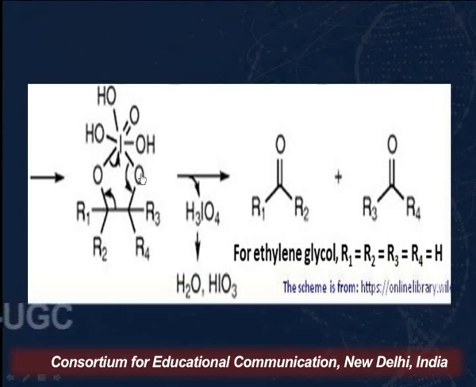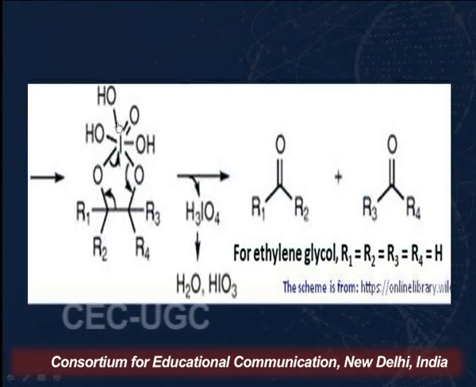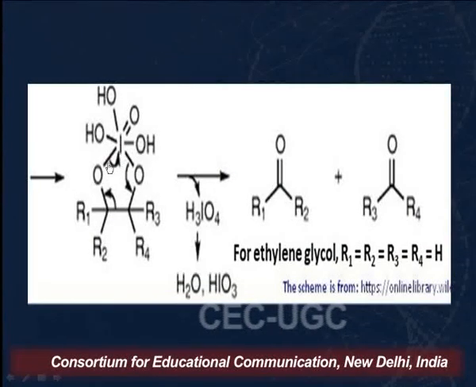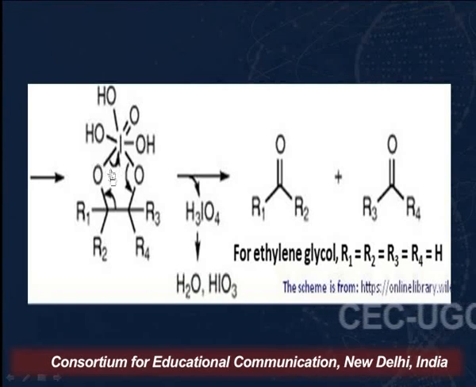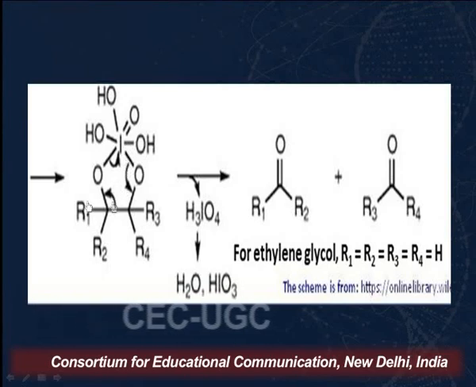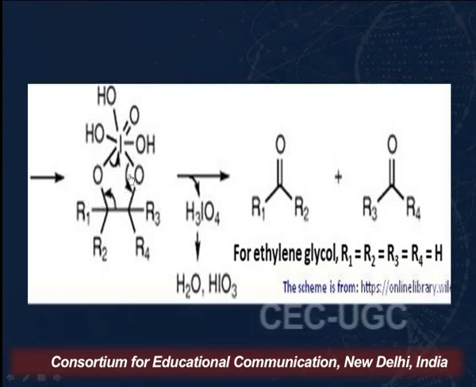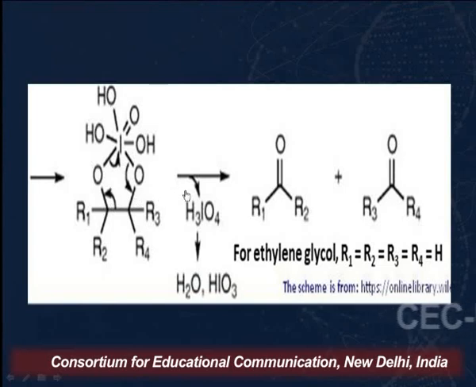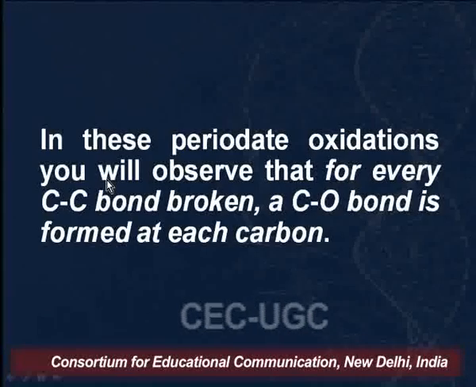But you should be familiar with it, because you would ask yourselves how the bond is cleaving here, and how these two hydroxyl groups which were present in the original molecule are being converted into carbonyl groups. So this is the mechanism. You just have to be familiar with the mechanism of the reaction.